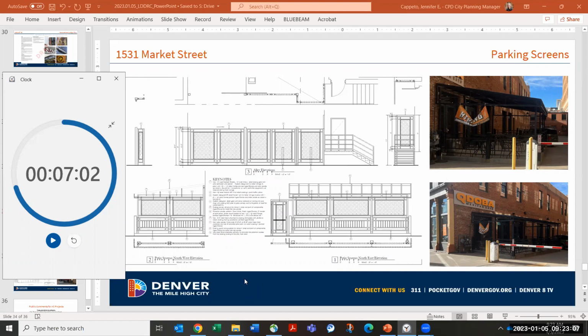Similarly, the existing patio structure for Qdoba is in place and currently set up to have flexibility for a canvas awning or to be open. But the panels being added are part of a system that interacts with the steel patio, but does not touch the historic building at 1531 or 1529, the building that actually houses Qdoba.